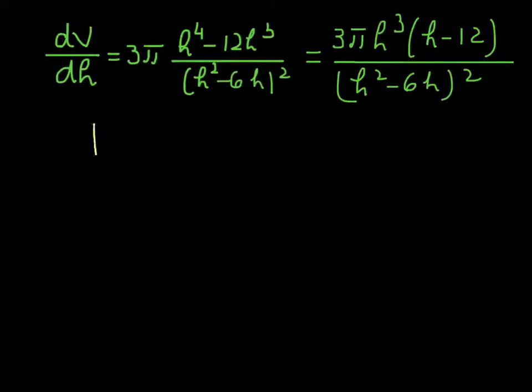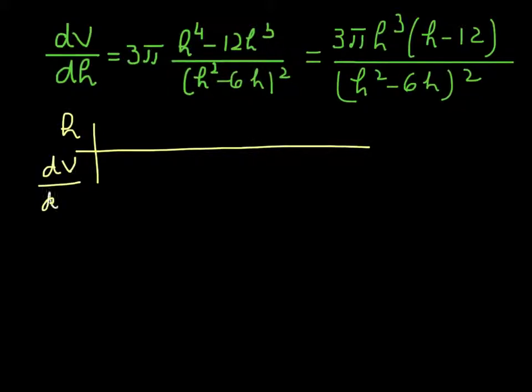Now in order to determine if it's a maximum or a minimum, we have H and dV by dH. For H equals 12, we know that dV by dH is 0, so H is stationary. The tangent of the graph is horizontal.